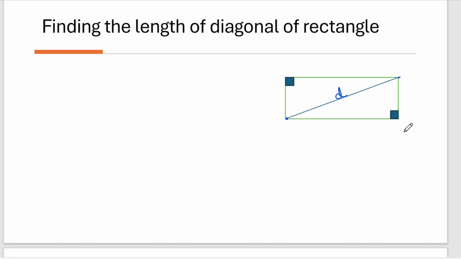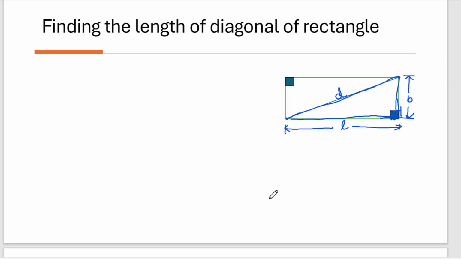We know this is the length of the rectangle, so we have taken this as L, and this as breadth, that is B. Now, can you see we have got a triangle here, and that too a right angle triangle.